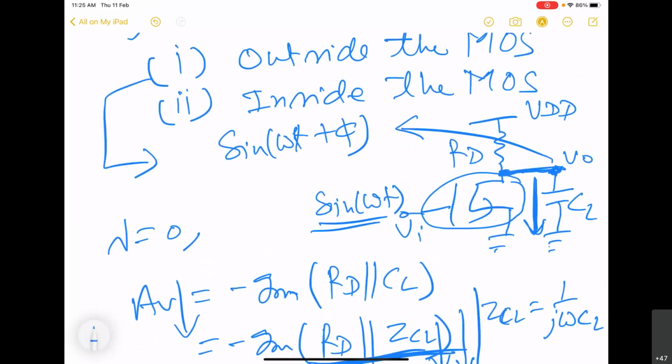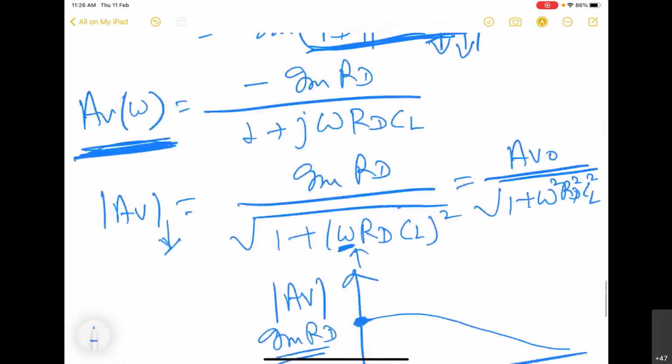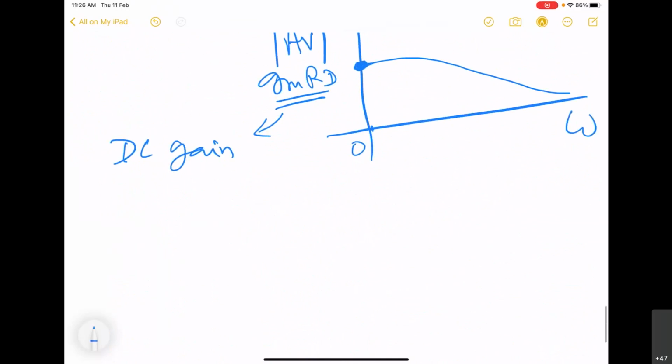Both will not exactly overlap with each other. Of course, there will be an amplitude aspect also. So this is the meaning of phase of the gain here. That phi, the phase shift in the output sinusoid, will be conveyed by the phase of this voltage gain.